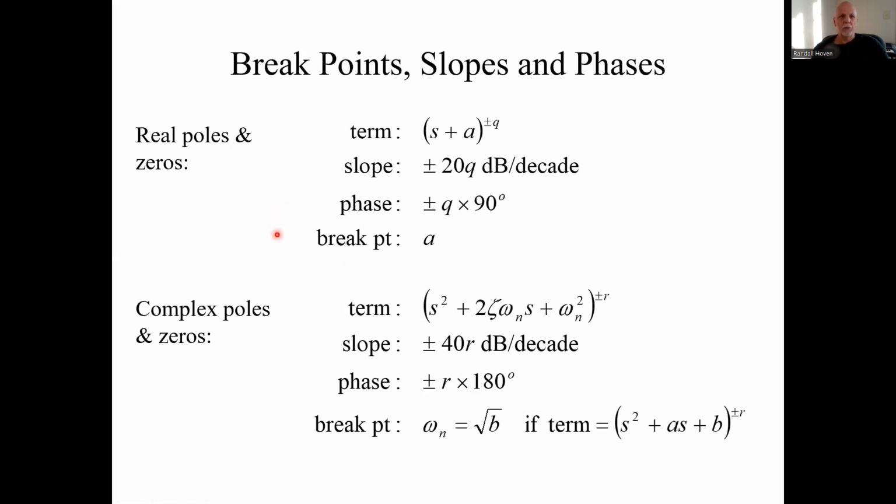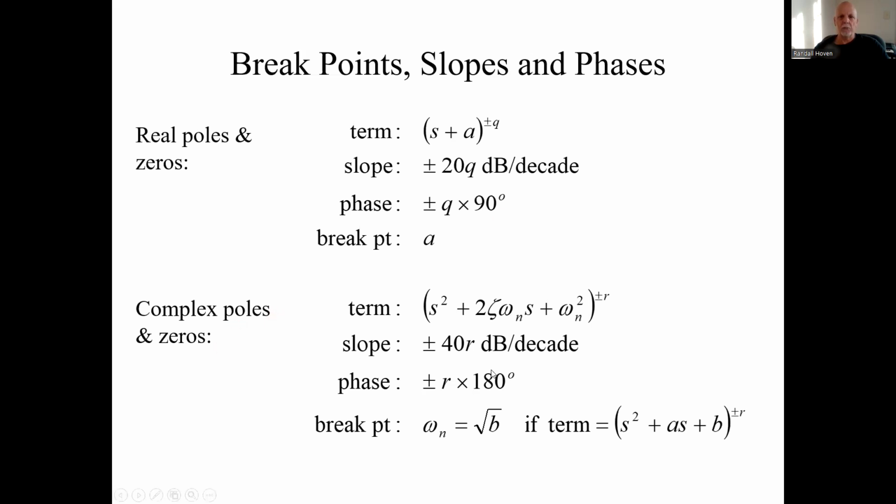But for the real poles and zeros, not at the origin, terms like this, they're going to add after you get past the breakpoint, and the breakpoint is this A. It adds nothing before the breakpoint, and after the breakpoint, it's a slope of 20 dB per decade in gain, and the phase will just add or subtract a multiple of 90 degrees.